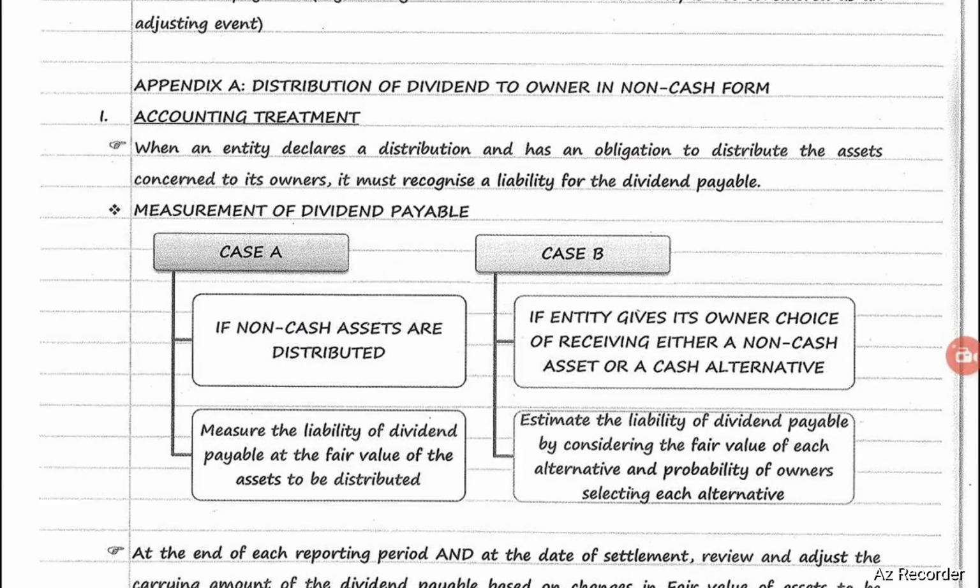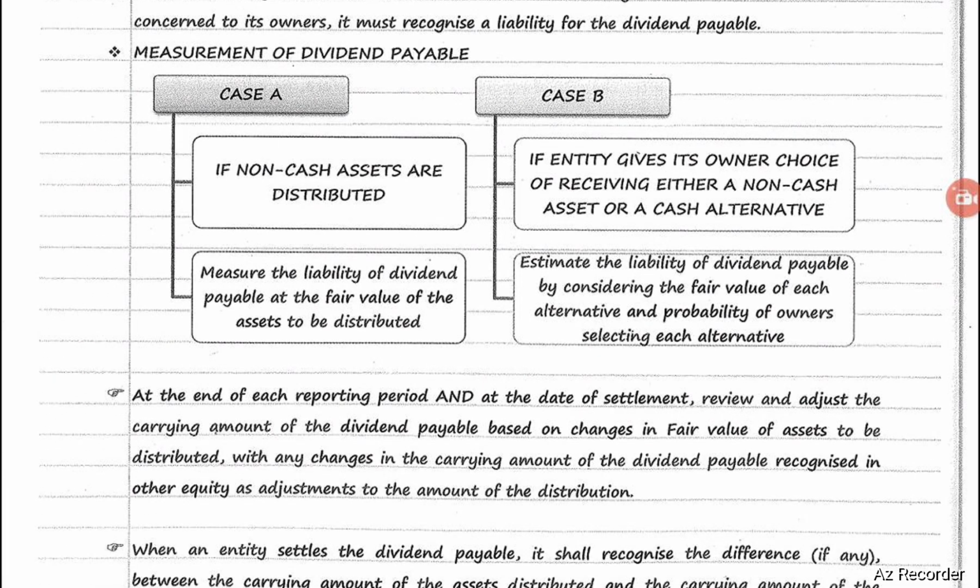Case A, if non-cash assets are distributed, measure the liability of dividend payable at the fair value of the assets to be distributed. Case B, if entity gives its owner choice of receiving either a non-cash asset or a cash alternative, estimate the liability of dividend payable by considering the fair value of each alternative and probability of owners selecting each alternative.